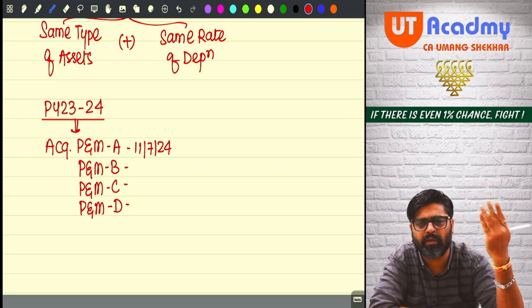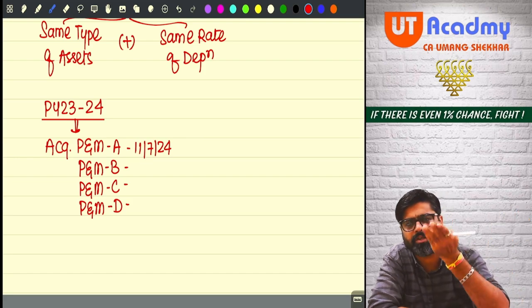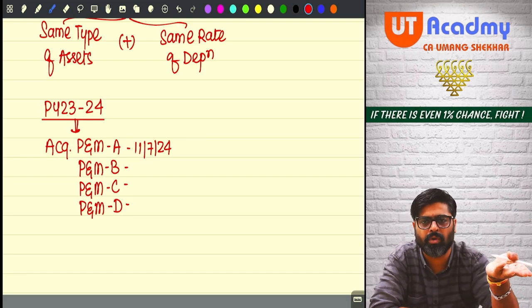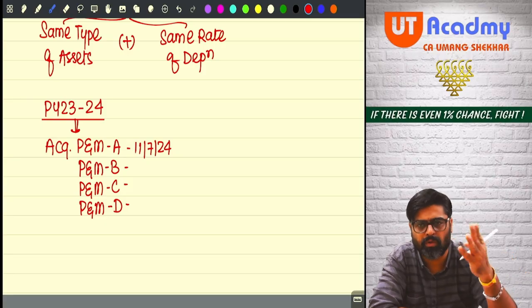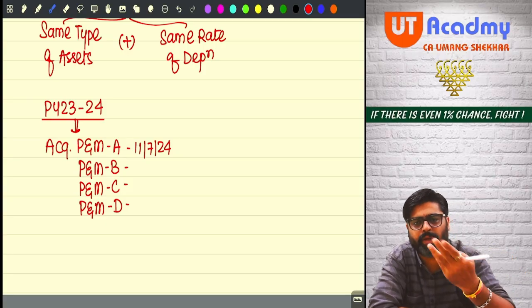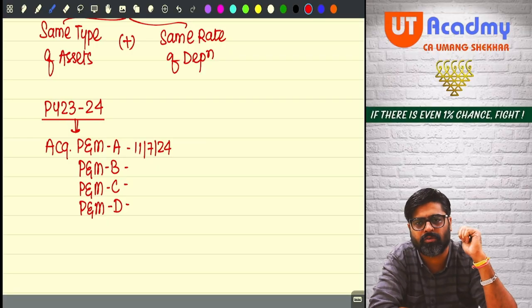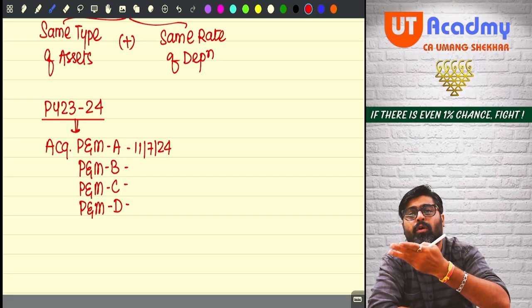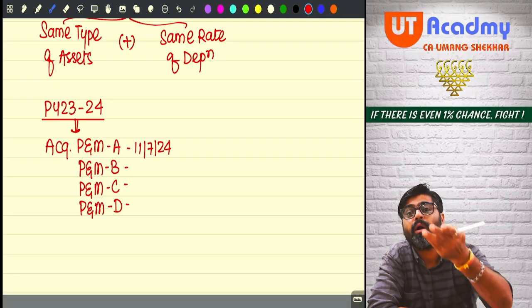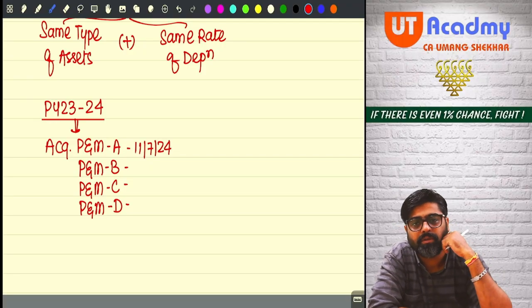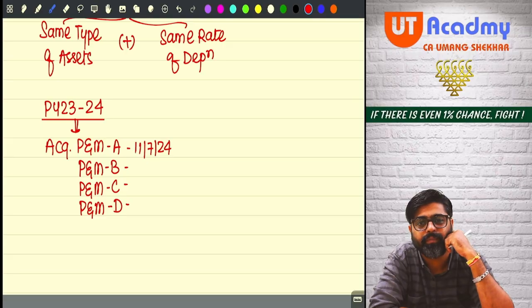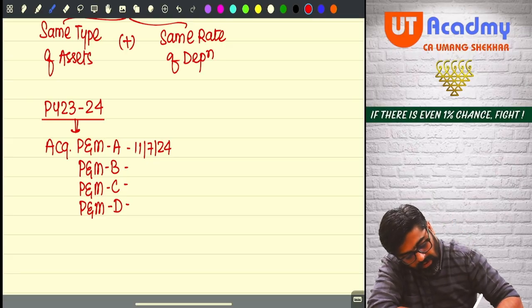If those dates are not given, we have to assume that the assets are immediately put to use. If you don't want us to take that assumption, give us the date when the asset was put to use. If you are not giving that date, we will assume that the asset was put to use immediately on the date on which it was purchased. So, this was acquired for 4 lakhs.